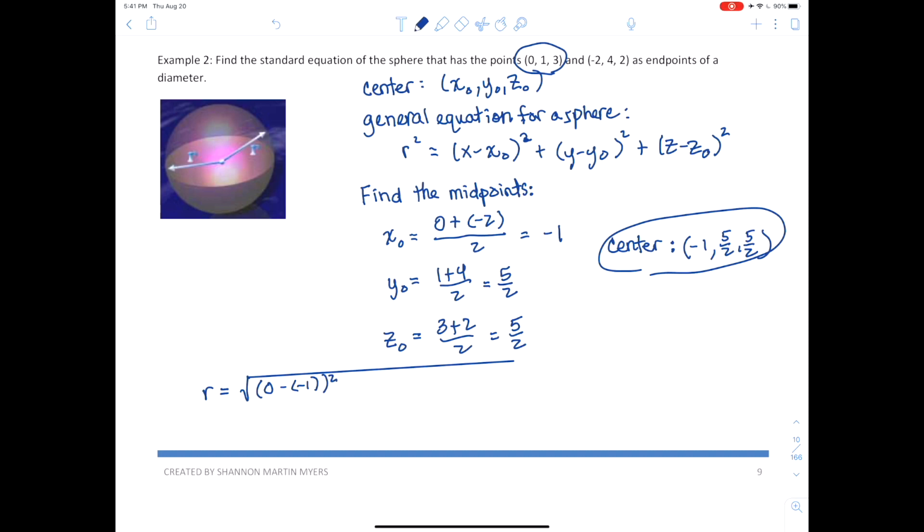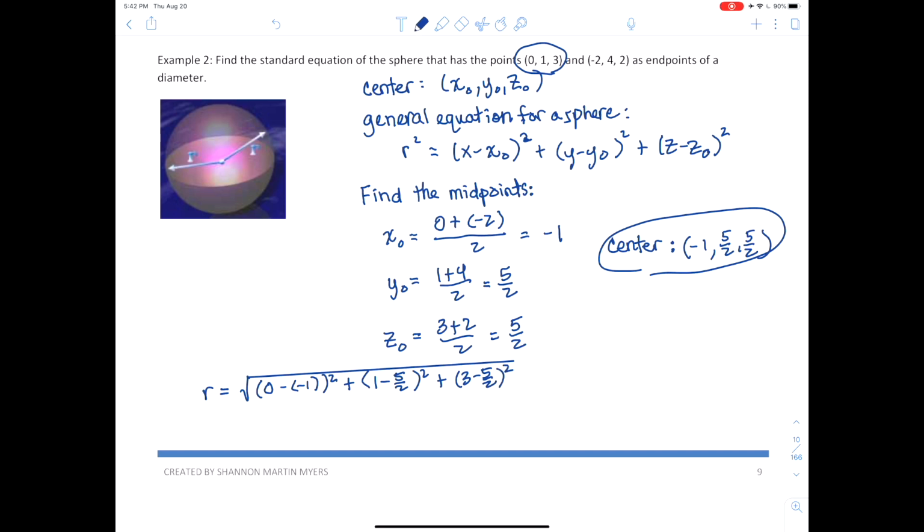I'm getting those from the x coordinate of the point on the diameter that we're using and the x coordinate at the center, plus 1 minus 5/2 squared plus 3 minus 5/2 squared.